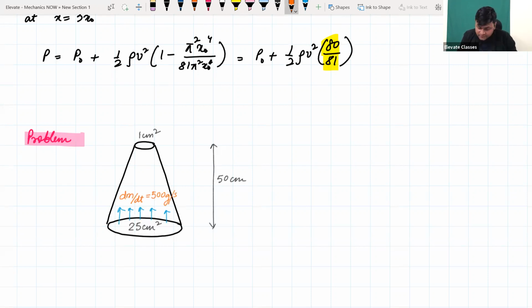The height of the nozzle is 50 centimeters and it is kept vertical with the wider end at the bottom. The magnitude of pressure difference is how much? So find out del P between both the points. Can you do that? It's a very easy question. There's a conical nozzle, the areas of entry and exit are given, the height is given, the rate at which water is flowing in is given. What is the pressure difference between both the points? This is, by the way, a question from JAM 2015.